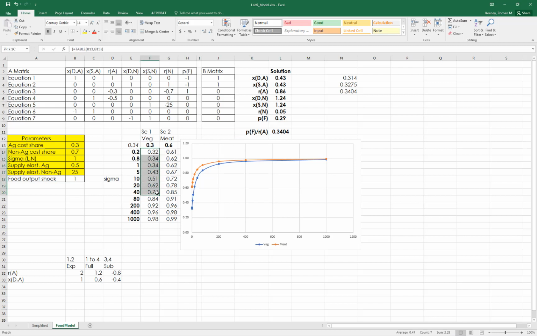As substitution goes up, the food price will be allowed to rise faster than the farm price. And that's because you can draw in more inputs and because the elasticity of supply is small relative to the non-ag inputs. And that's really the story that we want to tell in farm to retail.